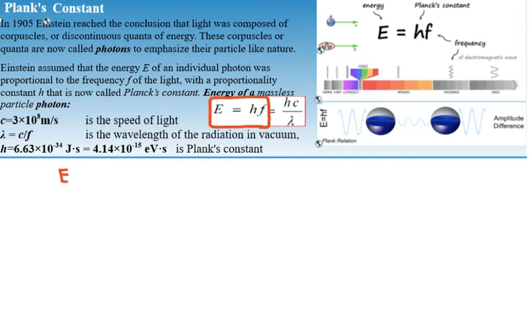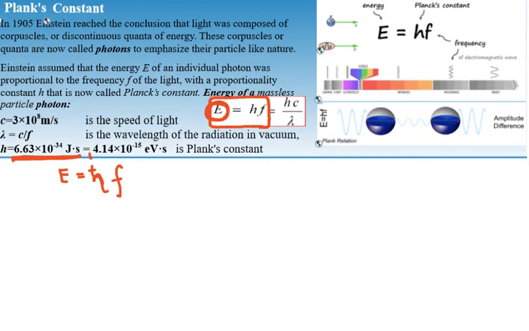So if we talk about the energy of the photon, it's going to be E = hf, so it's Planck's constant times frequency, and that is equal to 6.63 × 10^-34 joules times seconds. If the energy is given in electron volts, you have to convert the joules into electron volts.